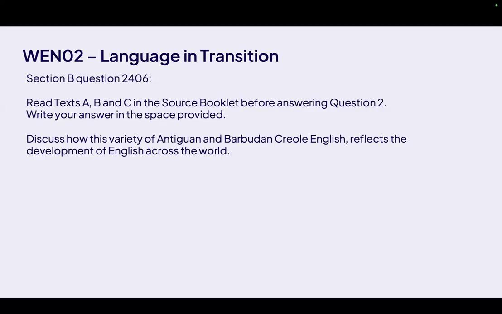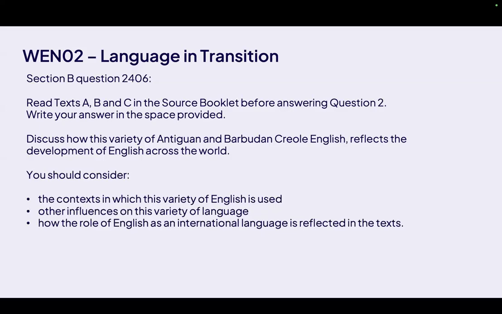AO2, we're now demonstrating critical understanding of concepts and issues relevant to language use. And AO3 is to analyze and evaluate how contextual factors and language features are associated with the construction of meaning. So we've got AO2 and AO3 as the assessment objectives now.